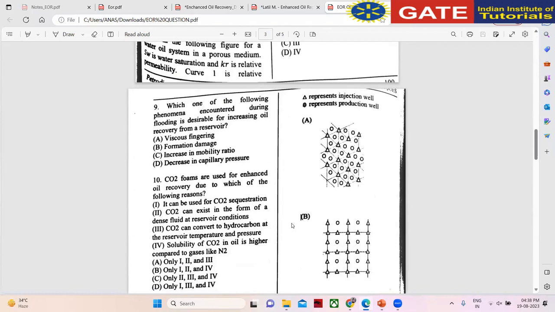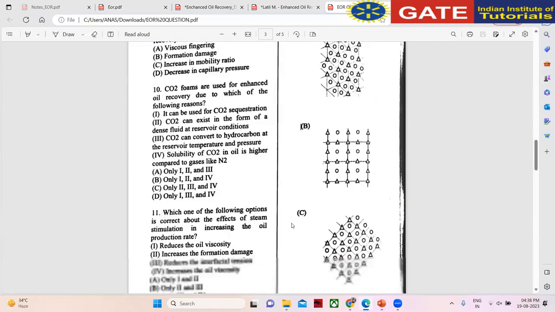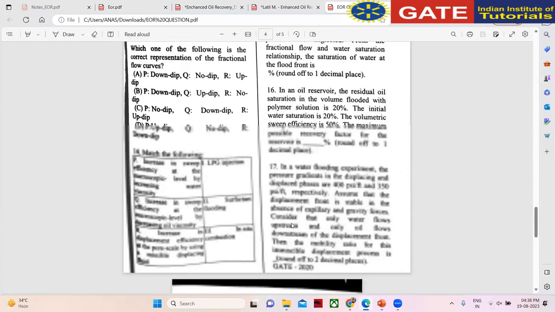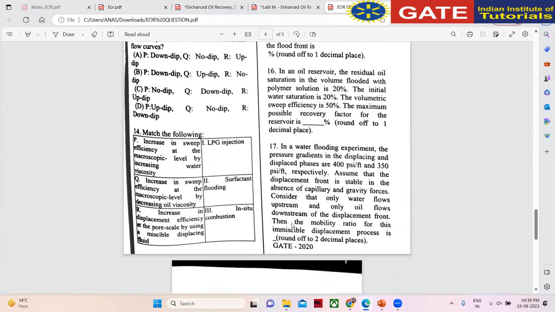Basically most of the questions are asked from today's class in EOR. 95% of questions will be asked on today's class concepts.